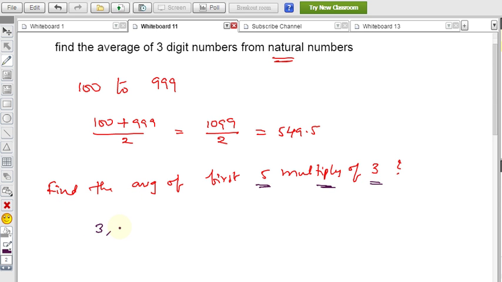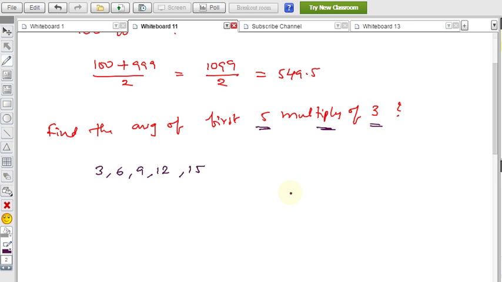So 3, 6, 9, 12, 15. These 5 are the first 5 multiples of 3. If the numbers are in order, the average is nothing but the middle value, so the answer is 9 itself. Otherwise, according to our shortcut method, first number plus last number divided by 2: 18 by 2 is equal to 9. So 9 is the average.